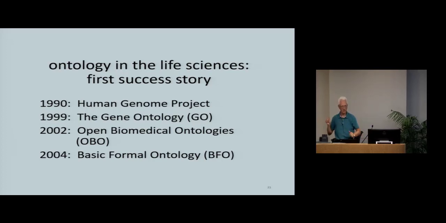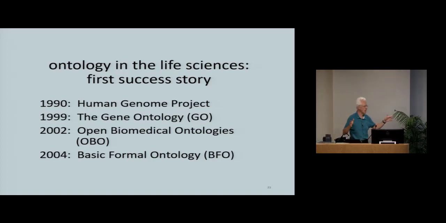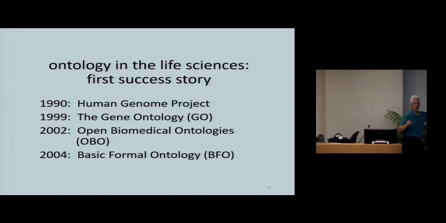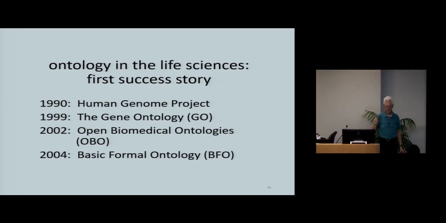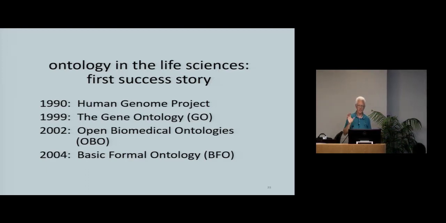In 1999, a group of model organism biologists, led by a man called Michael Ashburner, created the gene ontology, which is still by far the most successful scientific ontology that there is.